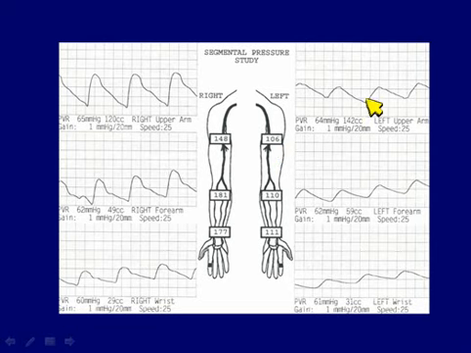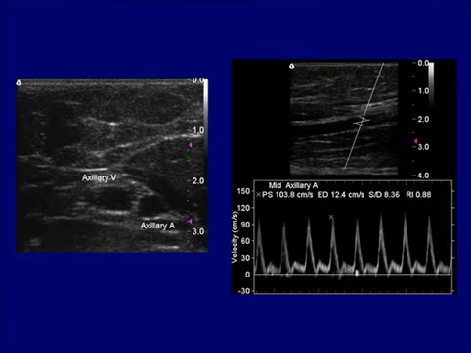We can see that in these waveforms, and we can also see here in the Doppler pressure measurements that we have greater than a 40 millimeter of mercury difference left to right. We don't really see much of a change as we go down to the wrist level in terms of a drop-off in those pressures. So this is a classic pattern that we would expect to see in a patient with a left subclavian artery stenosis.